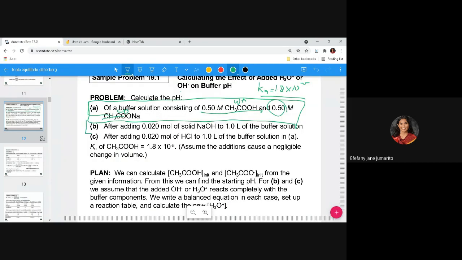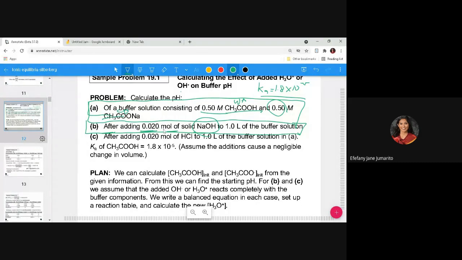Now, what about letter B? After adding 0.020 mole of solid NaOH to 1.0 liter of the buffer solution. How much did we add? 0.020 mole.